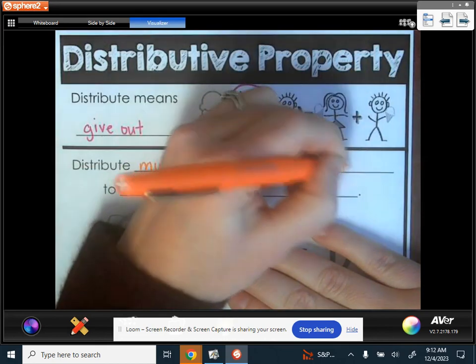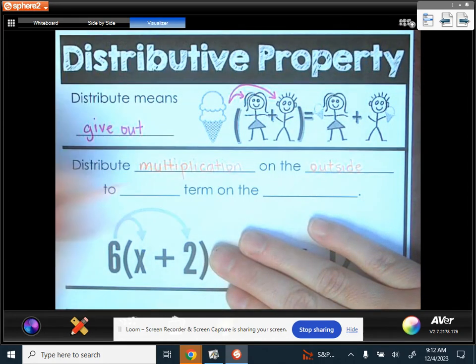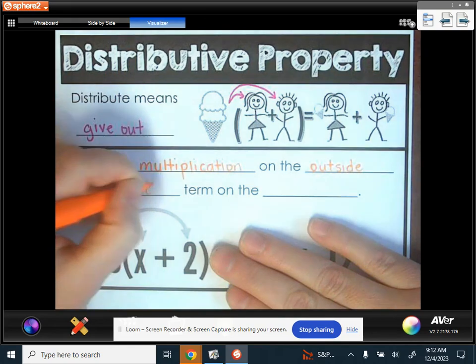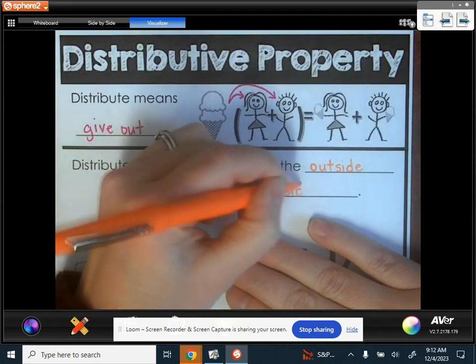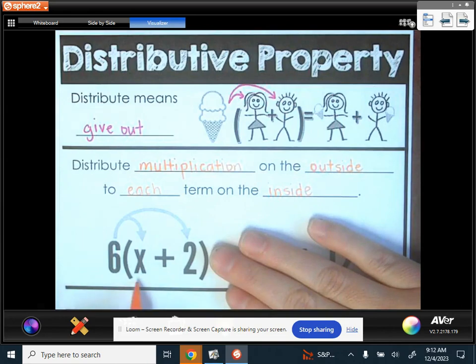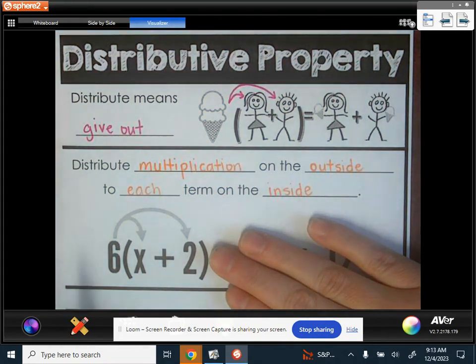So we're going to distribute that multiplication that's on the outside to each term on the inside. And when we say term, we just mean these things that are being added or subtracted. So it could be variables, it could be numbers, it could have a variable and a number in it, but it needs to be distributed to each one.